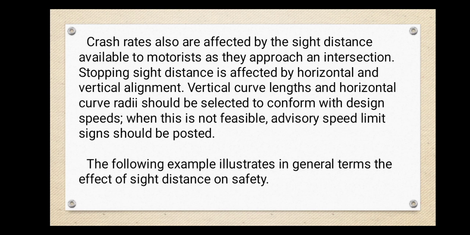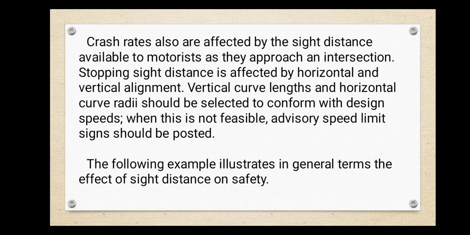Stopping sight distance is affected by horizontal and vertical alignment. Vertical curve lengths and horizontal curve radii should be selected to conform with design speeds. When this is not feasible, advisory speed limit signs should be posted.